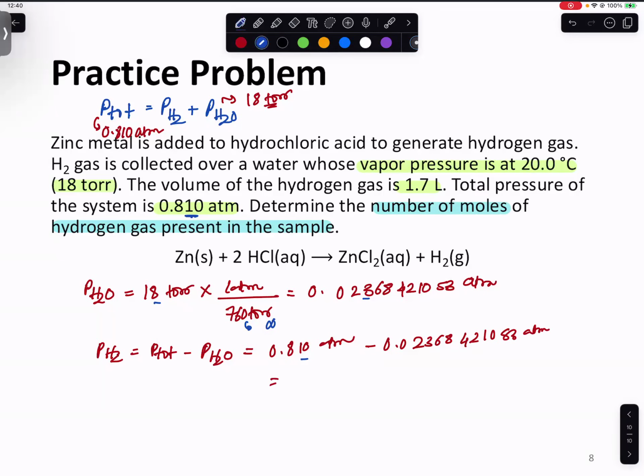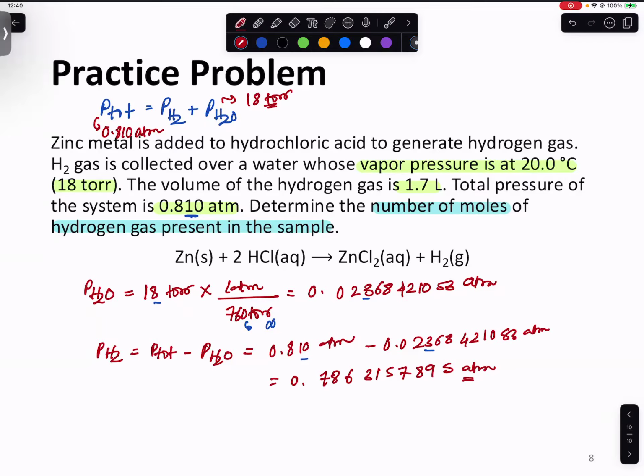Here, how many decimal places? Also 3. In this case, I will get an answer of 3 decimal places. So it's going to be 0.786315785 atmospheres. This is the partial pressure of the hydrogen.